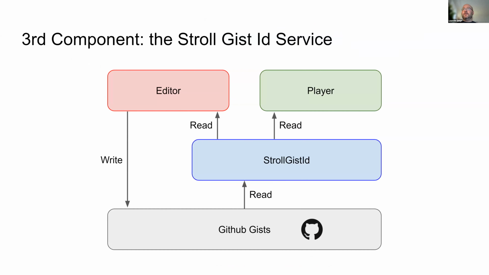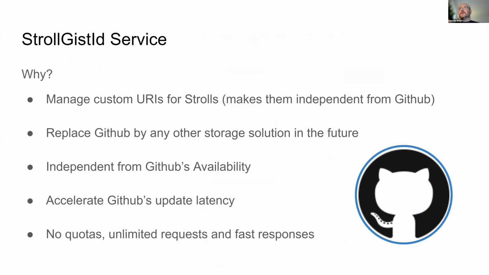The third component, called StrollGistID, is a small service that, for instance, manages the URIs of the Strolls. So it makes it basically independent from GitHub itself.